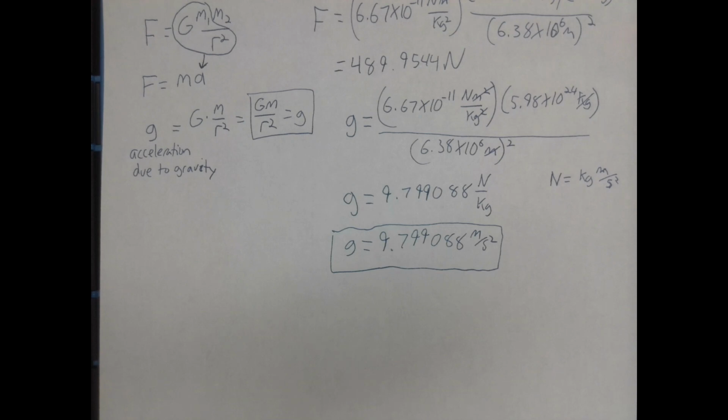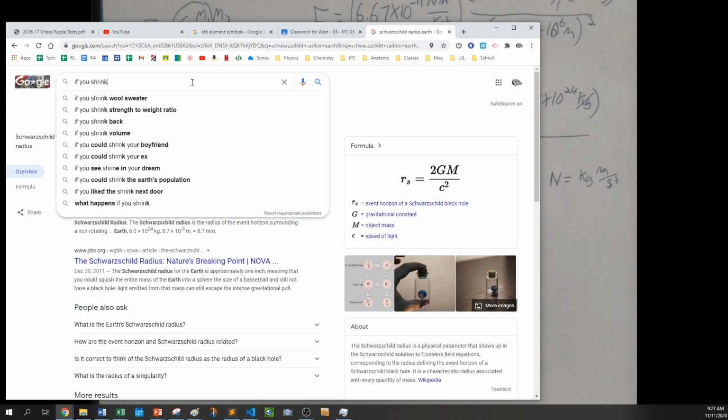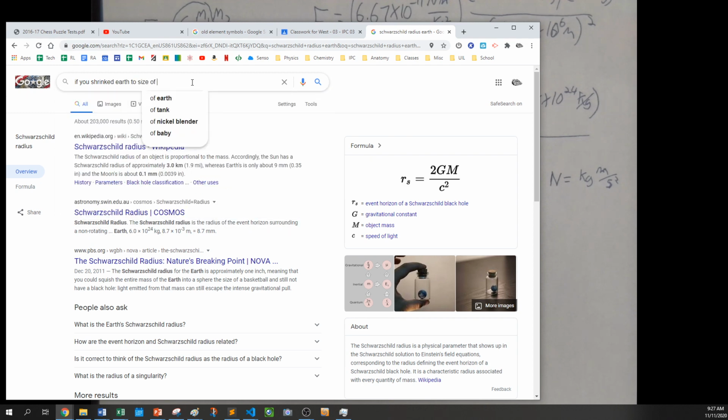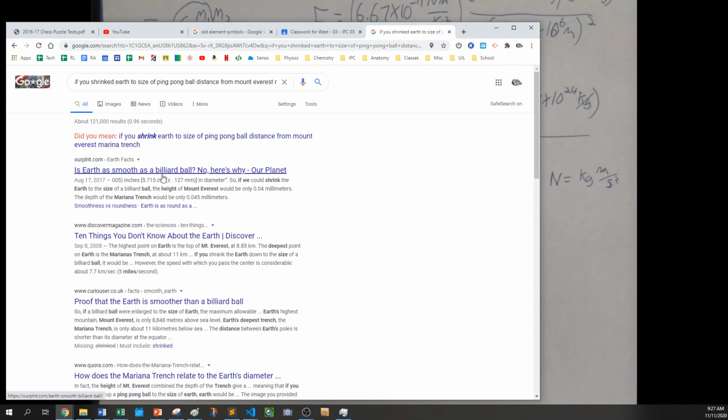By the way, how smooth do you think Earth is? So if I were to shrink down the Earth to the size of a golf ball or ping pong ball, how big in millimeters do you think Mount Everest and the Mariana Trench would be? A billiard ball was the better example.